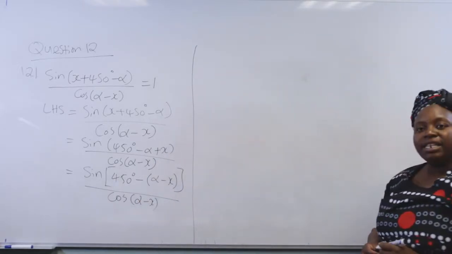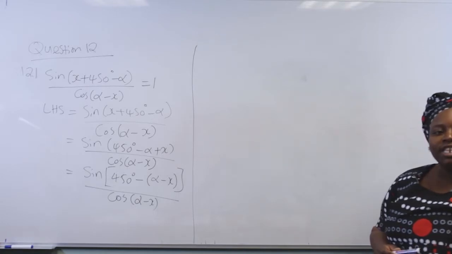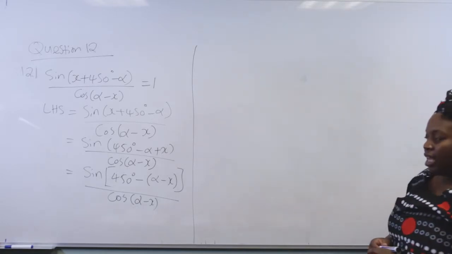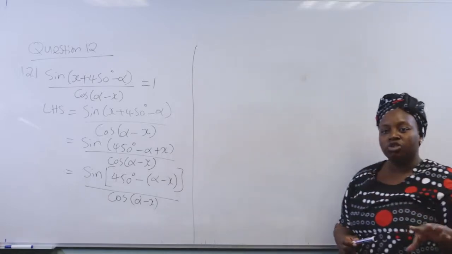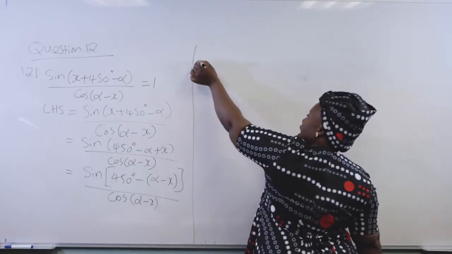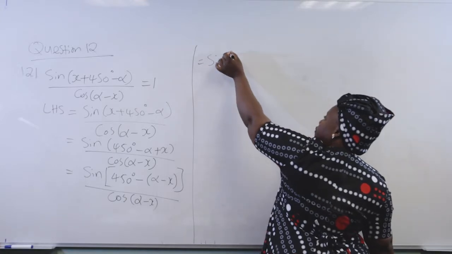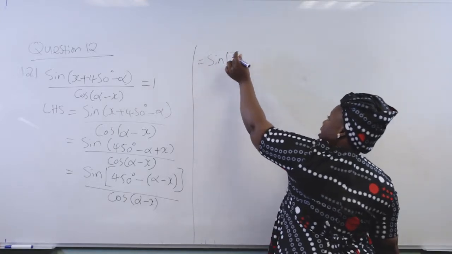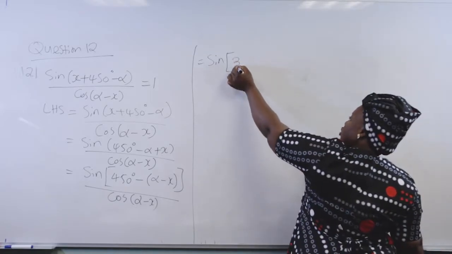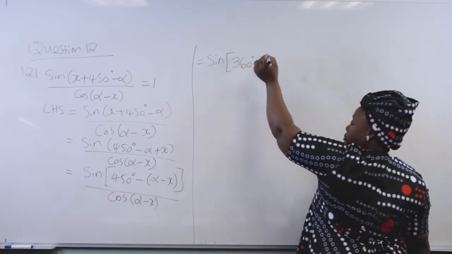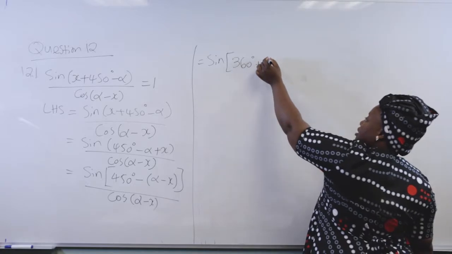Continuing, 450, how do we get it? We need to say 360 plus something. Remember, we don't have an angle that is just 450. We must reduce it from something. So we are going to have sine of two numbers that when we add them together can give us 450. So that one will be 360 plus 90.